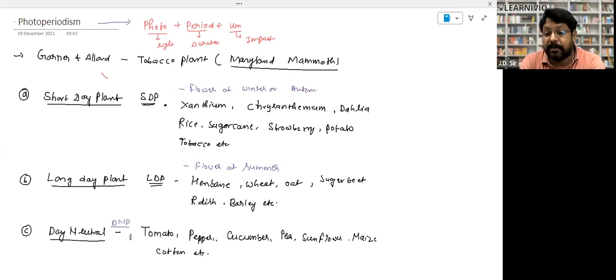This Maryland Mammoth is basically not commercial tobacco. It is not the tobacco used in society. Basically, this is a wild tobacco plant, right? Is that clear?